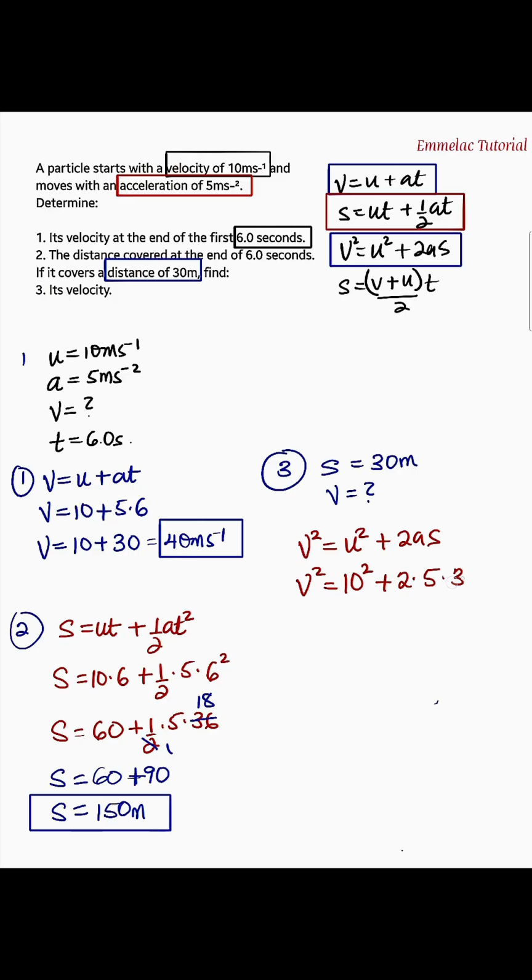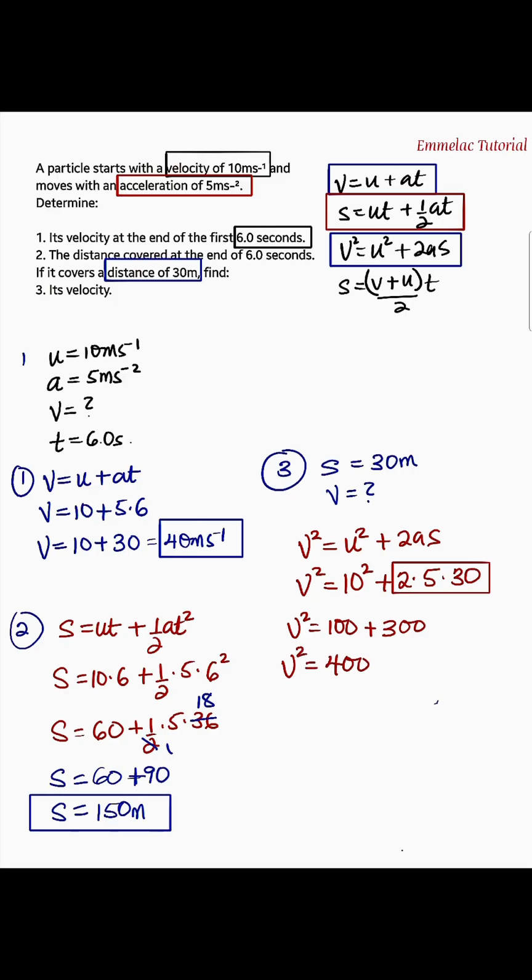So v squared equals 100, because 10 squared is 100, plus 2 times 5 is 10, and 10 times 30 gives us 300. When we sum the right hand side, we have 400.